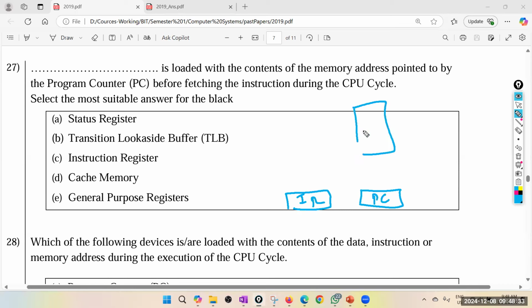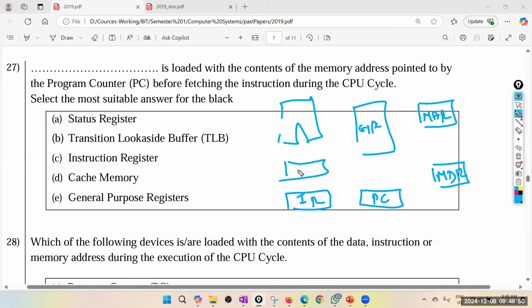General purpose registers will be there, and the memory address register or memory address buffer and the memory data register or memory data buffer will be there. And of course the ALU is there, and the decoder is there. Now this is your processor, and of course the buffer is there. This is the address bus, this is the data bus.